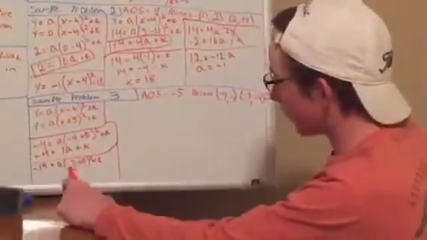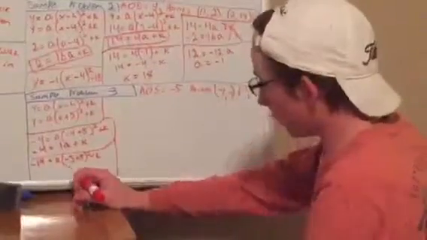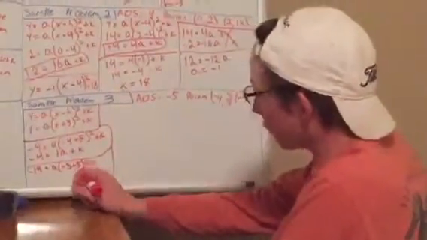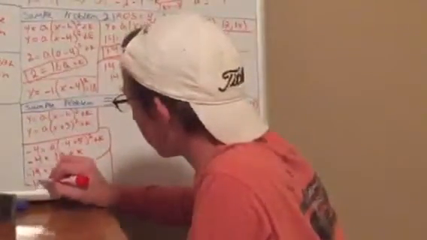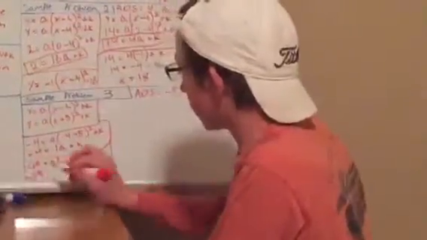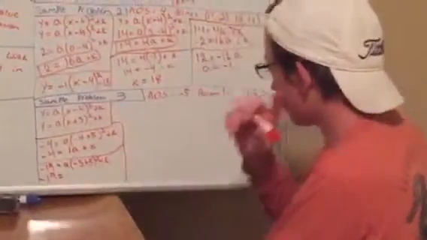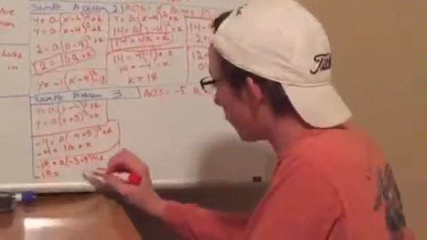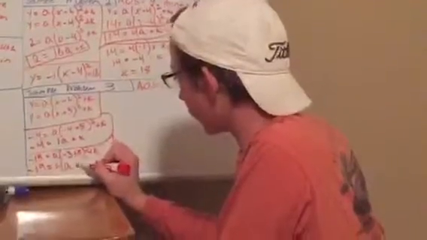Then you have to simplify what's in here again. Negative 3 plus 5 is going to be positive 2. Then you square that, so you get positive 4. So negative 19 is equal to, what did we say, positive 2, squared to 4a, plus k.